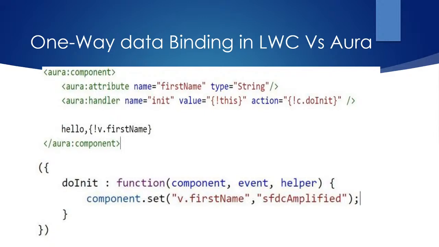For Aura, we can see here in the Aura component the data binding, where we have the handlers, c dot, and v dot firstName, the setter method, and here hello v dot firstName. It's a little complex compared to LWC, and I'll show you how exactly we can define it in LWC.